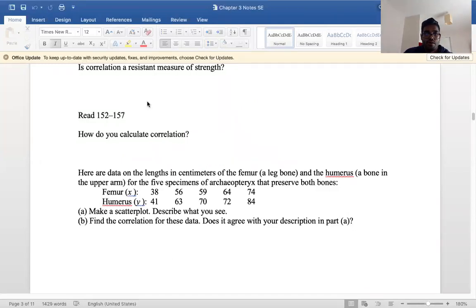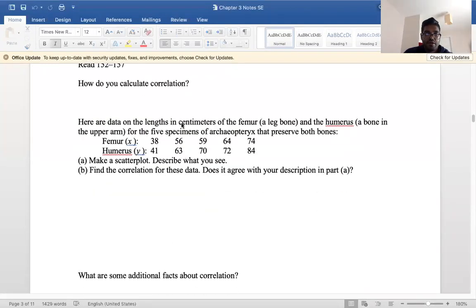Okay, I'm going to let you guys do the scatter plot, and so you can make that on your own, right? Label your axes, do all that good stuff, make a title. But I'm going to just type in here how to do correlation on a calculator. So type your data into lists.